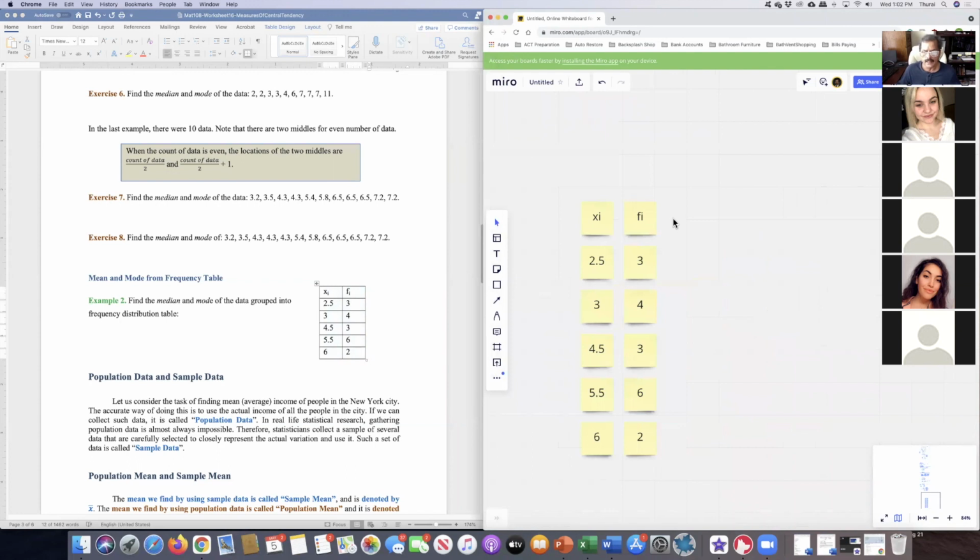Okay, we have xi and fi, so we need to make another column for fi xi. So you make a third column.